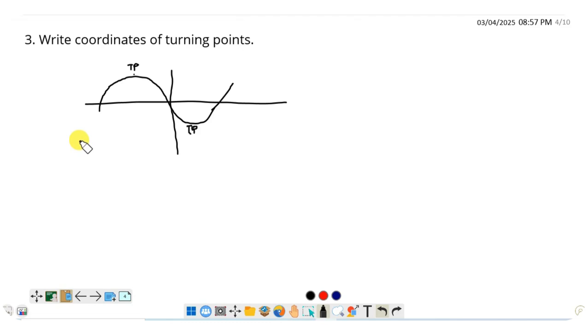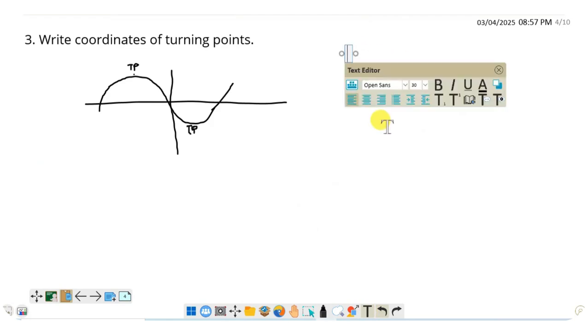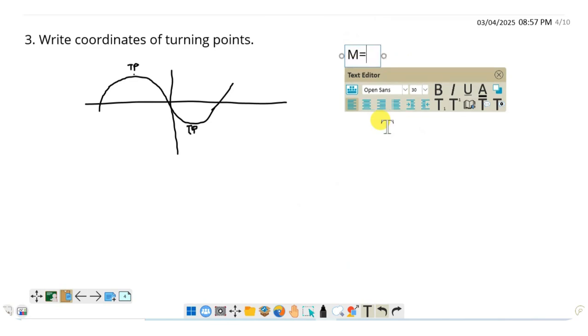So let me say m is the gradient, which is also equal to f prime of x.